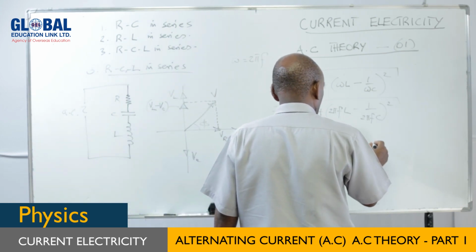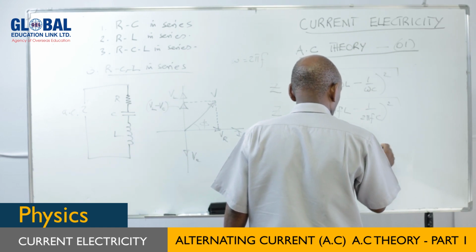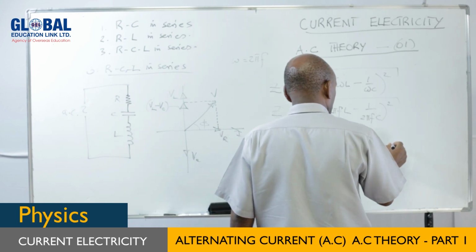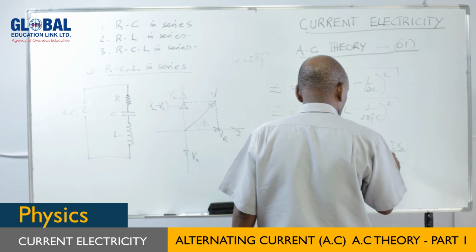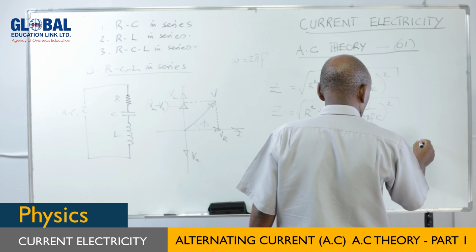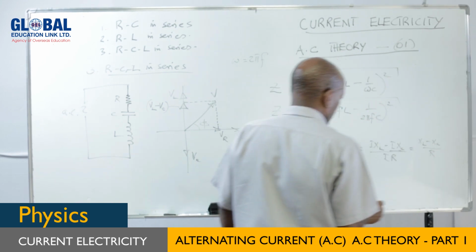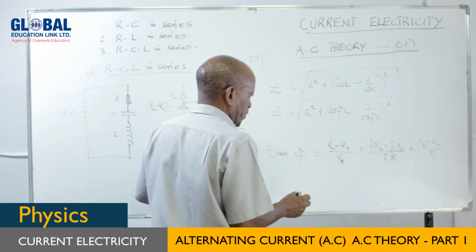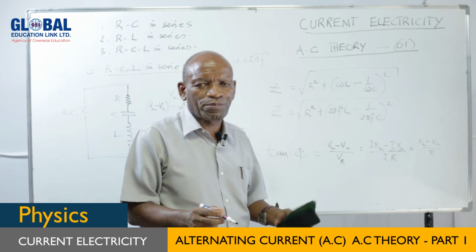The voltage through an inductor is equal to I times the inductive reactance, minus I times the capacitive reactance. The whole of this we divide by R, and if we divide here, we have the inductive reactance minus the capacitive reactance over R, and we can simplify this and obtain the final expression.